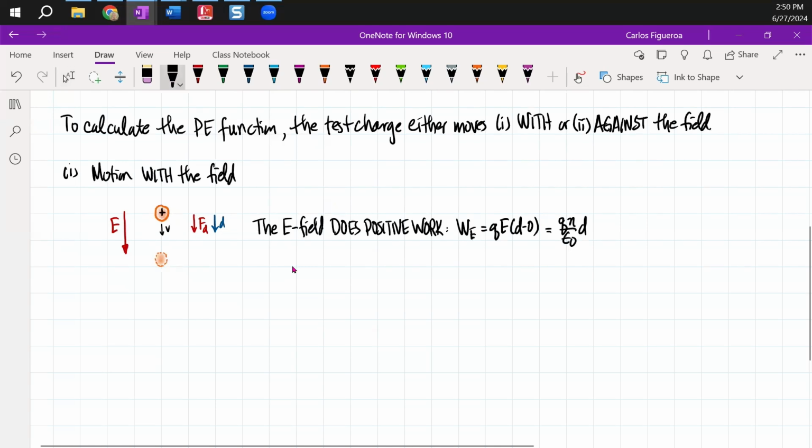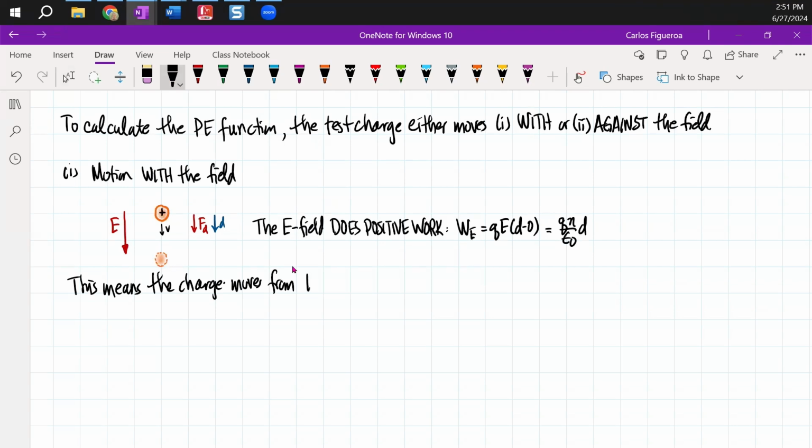So then what's happening here is that this means the charge moves from high to low electrical potential energy states.